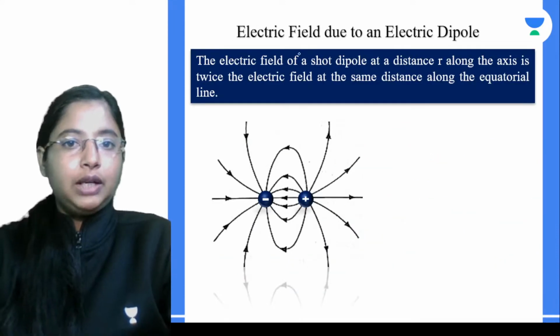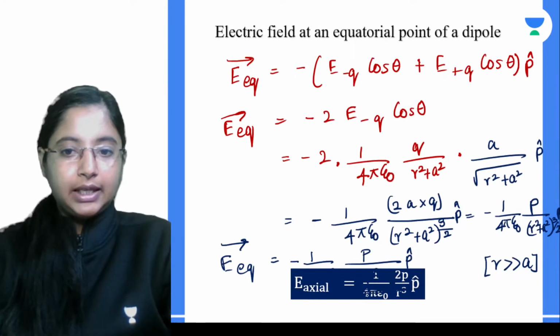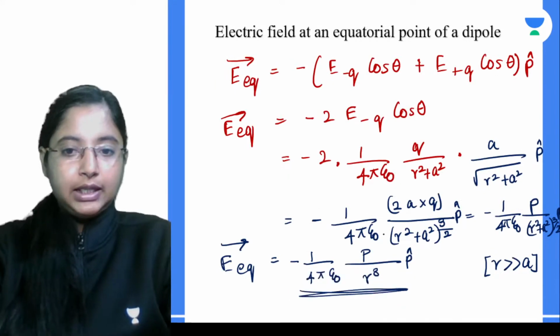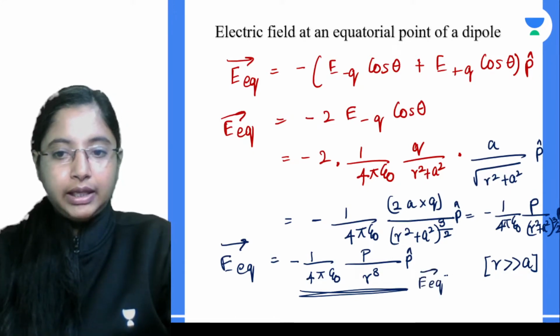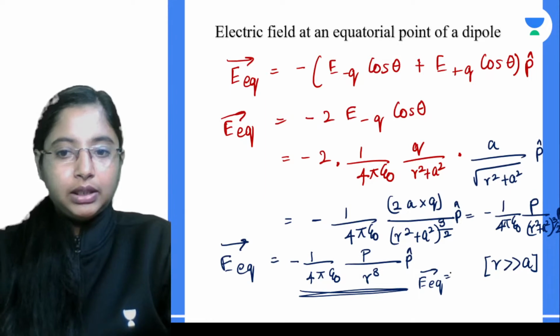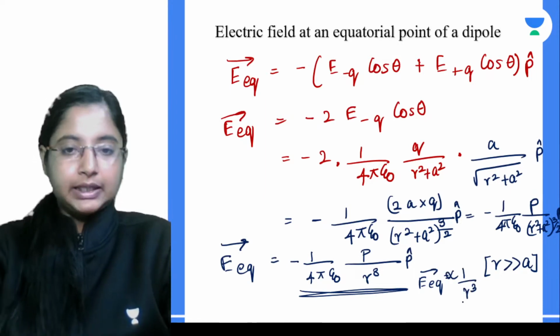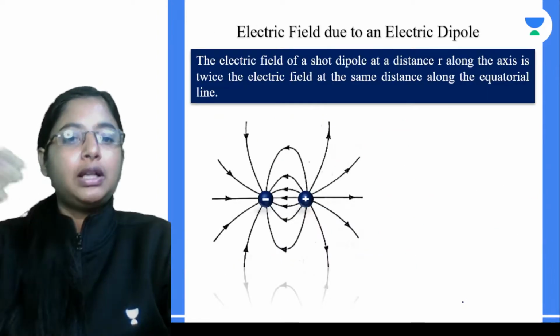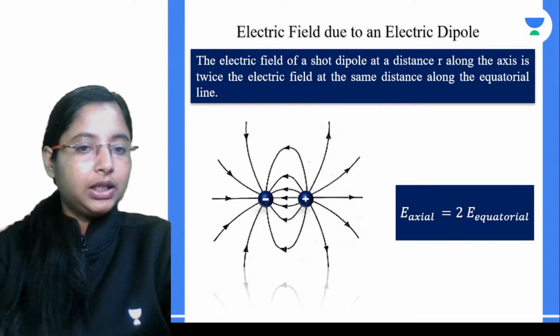If you see, the earlier value is for axial and this one is for equatorial. Along the equatorial also, this electric field is inversely proportional to the cube of the distance, which means if you go further away from the dipole, the field reduces.